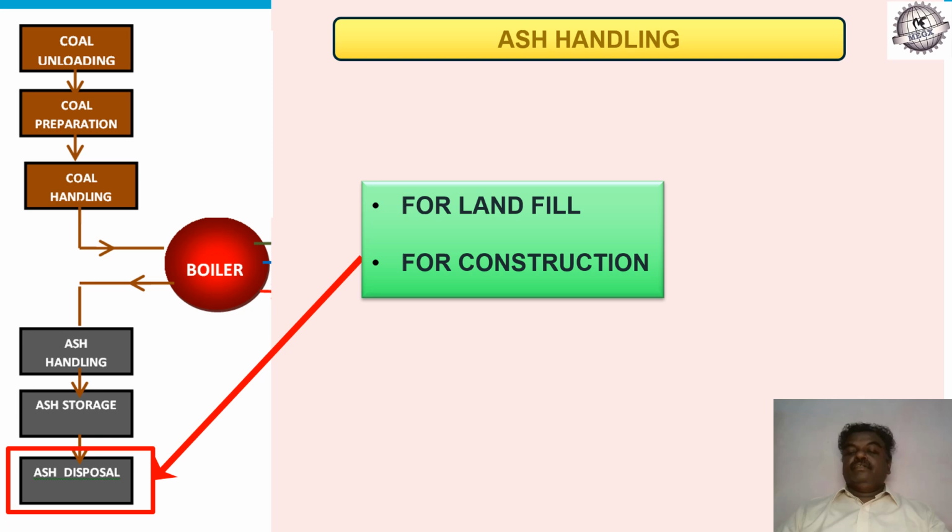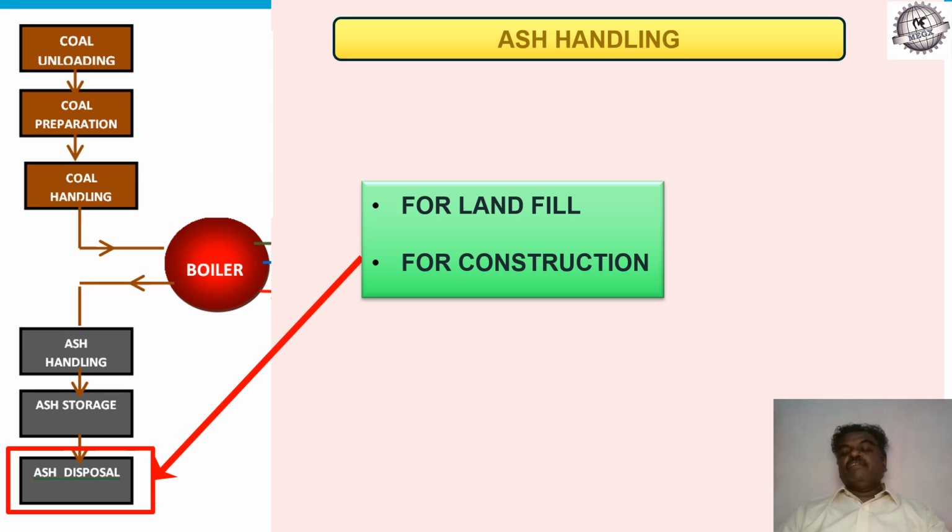Earlier, the ash used to be a headache for the thermal power plant. Huge quantities of ash have to be discarded. The power plants were struggling to just dispose of this ash. But presently, this problem has been circumvented by some other arrangements.